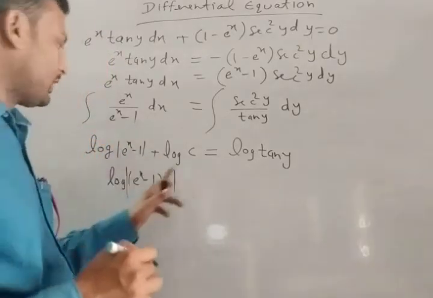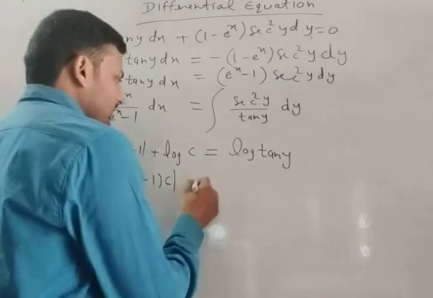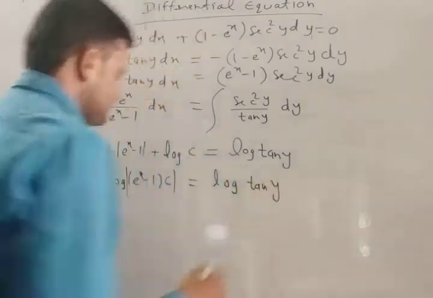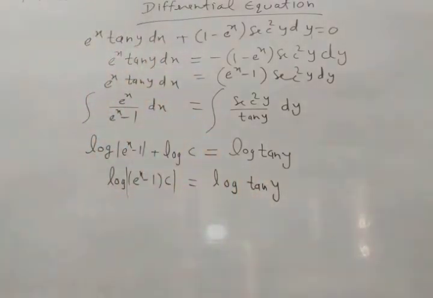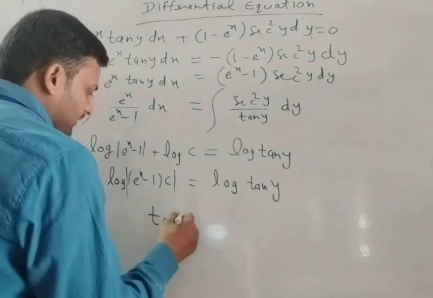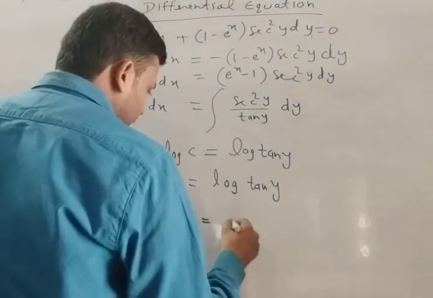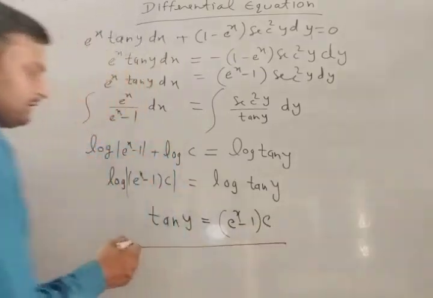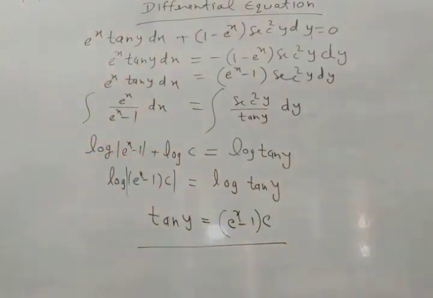Log m plus log n is log of m into n, so we write log tan y. Now the log and log will cancel on both sides. We get tan y is equal to (e to the power x minus 1) c, and it will be our general solution.